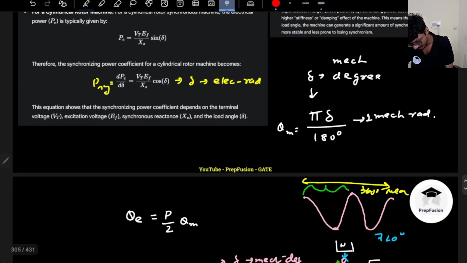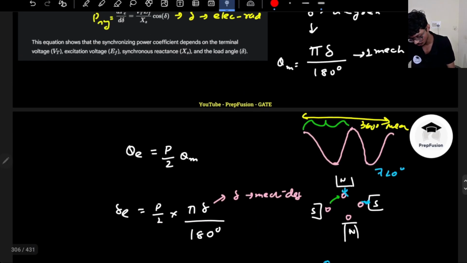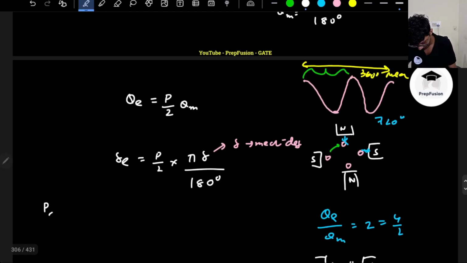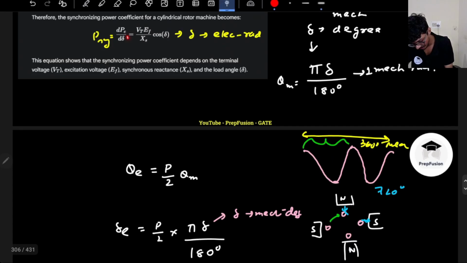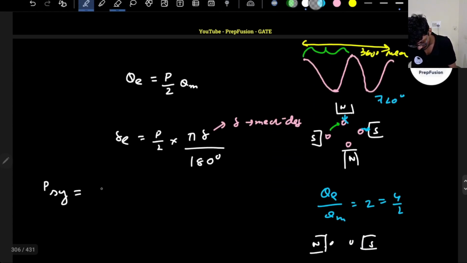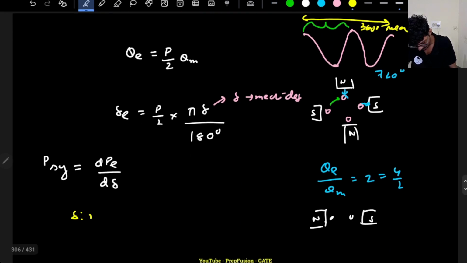So basically this, I have to multiply an additional constant. If I want to write my PSY, if my delta is in mechanical degree, dPe upon d delta, where delta is in mechanical degree, then we have to multiply this extra constant.